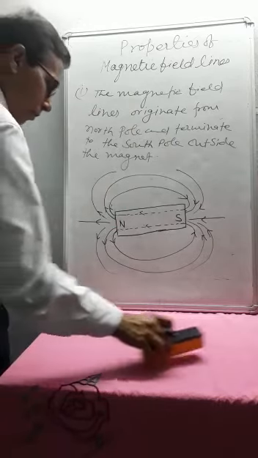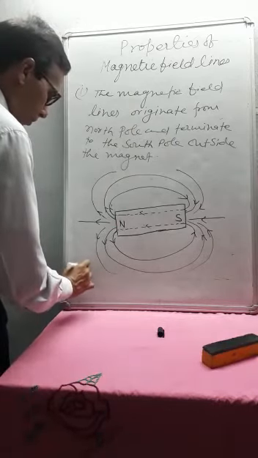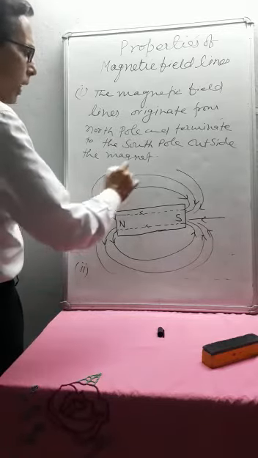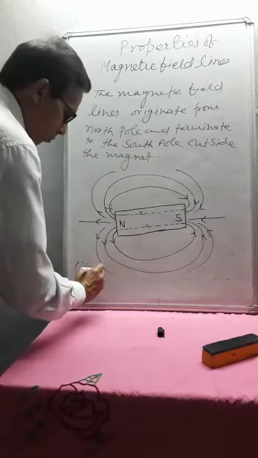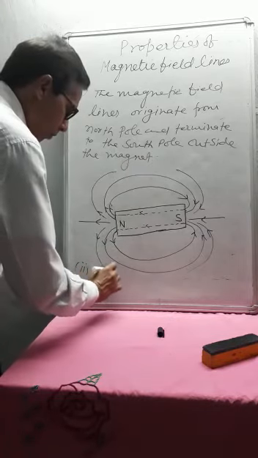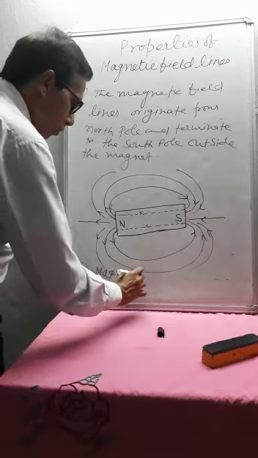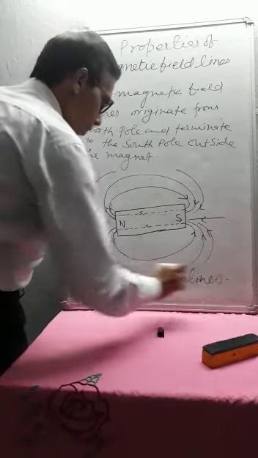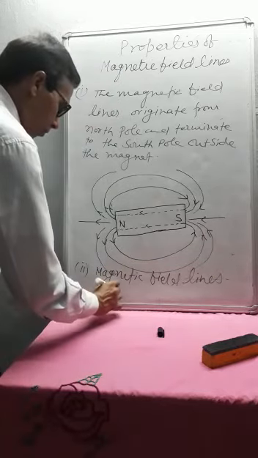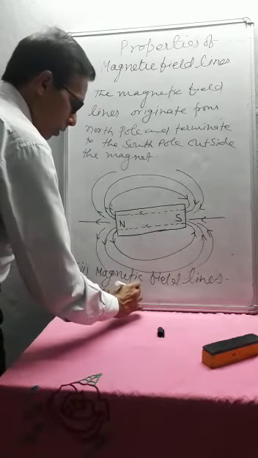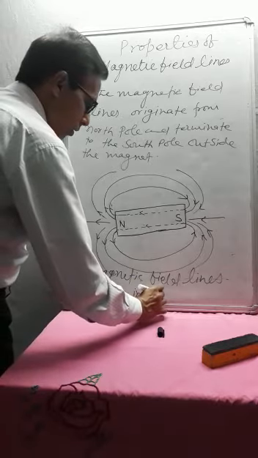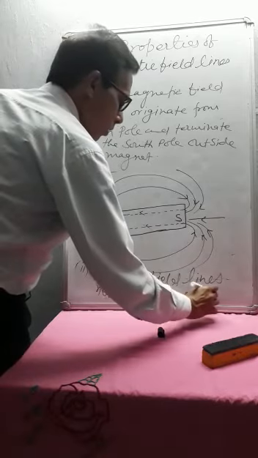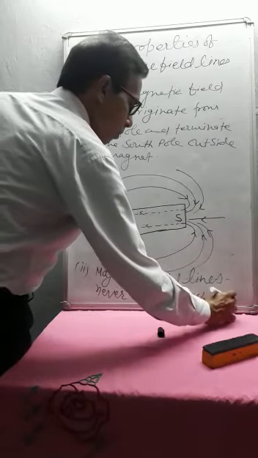Second point, as we see here, magnetic field lines never intersect each other.